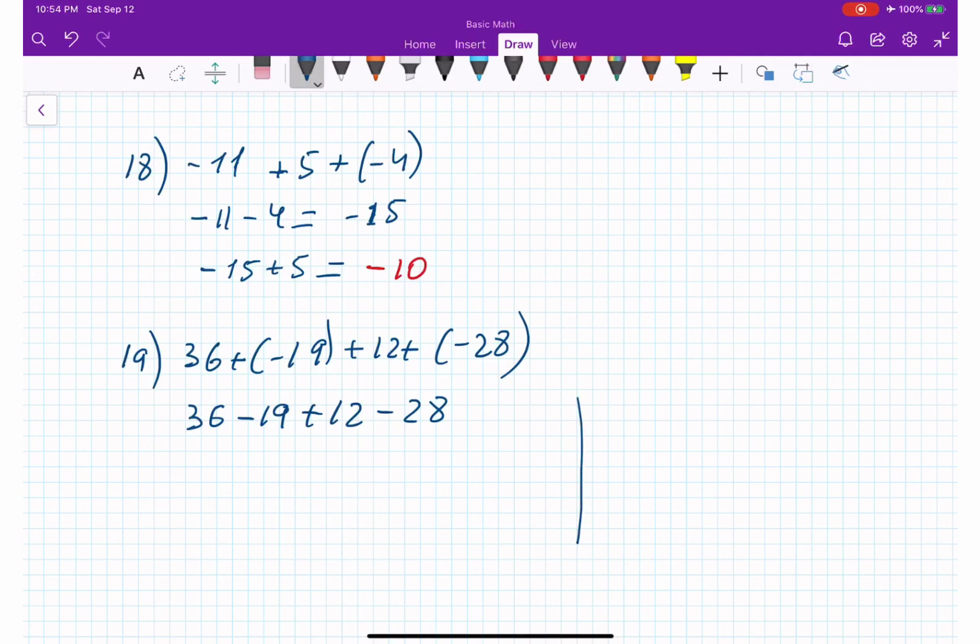So first one, 36 minus 19. So 36 positive, 19 negative, right? Either you can take it as a normal subtraction, 36 minus 19. I can't do 6 minus 9, I'm borrowing, so 16 minus 9 is equal 7. Here will be left 2. 2 minus 1 is 1, so 17. Now, since 36 is greater than 19 and 36 is positive, 17 is going to be positive.